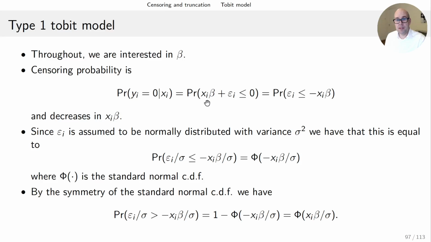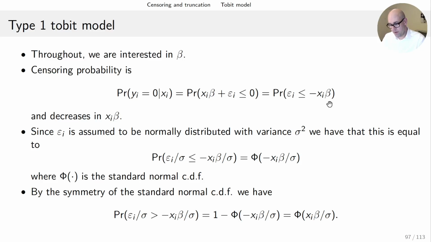That is the probability that xi beta plus epsilon i is less than or equal to 0. And that would be the probability that epsilon is less than or equal to minus xi beta, when I bring xi beta to the other side. So what we see is that when xi beta is increasing, this probability will decrease.